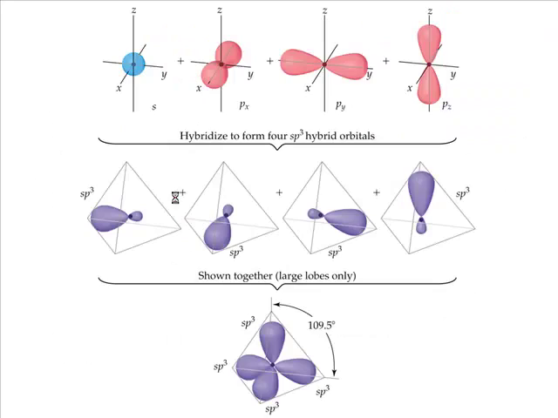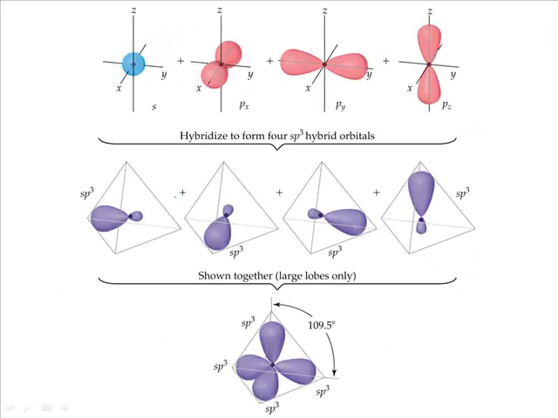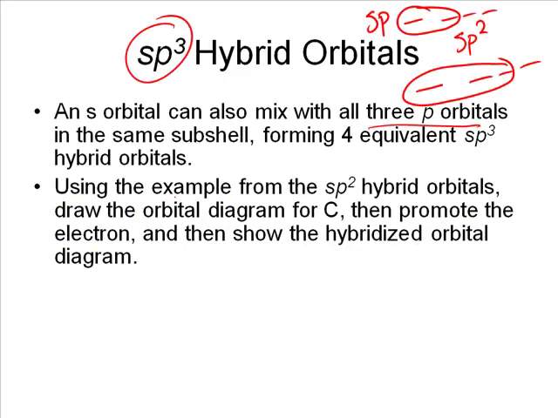For example, carbon. A very common thing with carbon, as we saw at the beginning, was 2s2, 2p2. So again, this electron's going to get promoted, and you've got that.